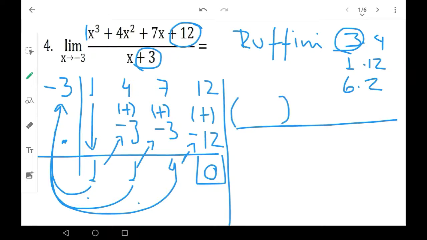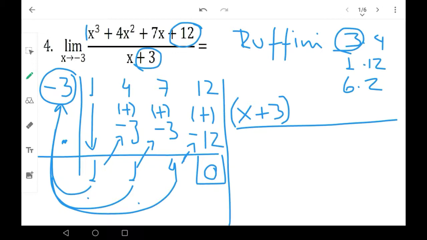I know that a factor is this -3 that I have here, but I have to rewrite that -3 as a regular linear expression. So this would be x plus 3, right? So always with a different sign.